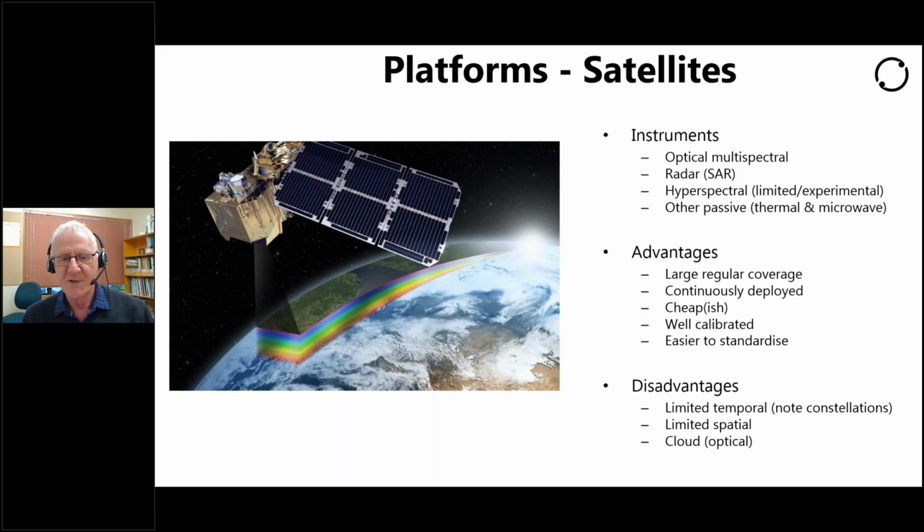So it's actually cheapest to use satellites, although they're not so cheap to launch. The disadvantages tend to be limited temporal resolution. They're limited by their orbits, and this can be mitigated somewhat by using a constellation of satellites, and that seems to be the trend these days.